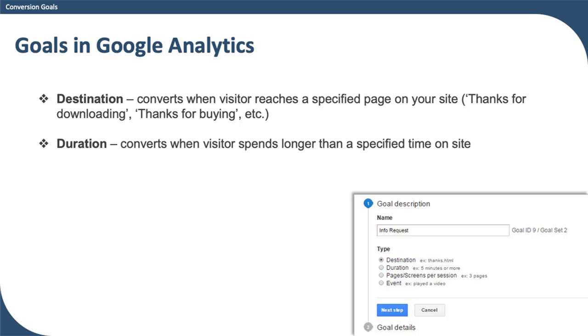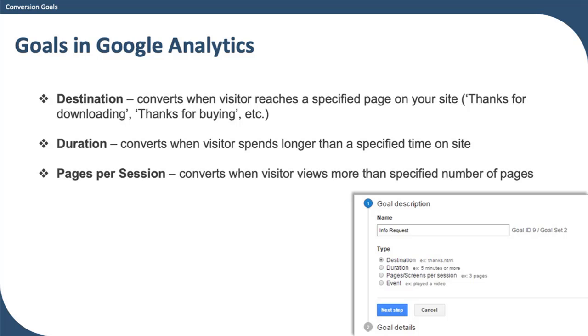The next 2 focus on engagement. The duration goal converts when a visitor spends more than a specified time on the site. And this indicates a certain level of engagement maybe. And it's a similar story for pages per session. The goal converts when a visitor views more than a certain number of pages on your site.